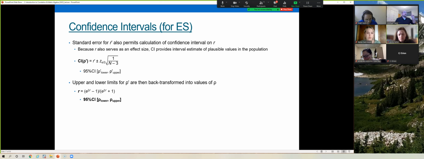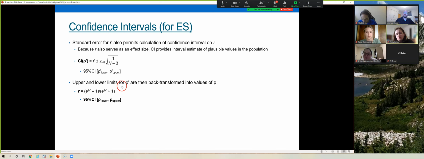which gives us a confidence bound. Now the trick here is, is that going to give us a confidence bound around my Pearson correlation? Nope. It's going to give me a confidence bound around my R prime value, which isn't what we want. But we can back translate those R prime values back into R values, which will give us our upper and lower bounds for our confidence bound.